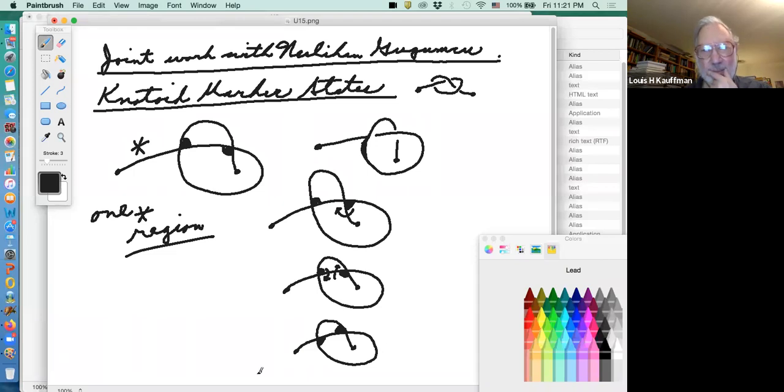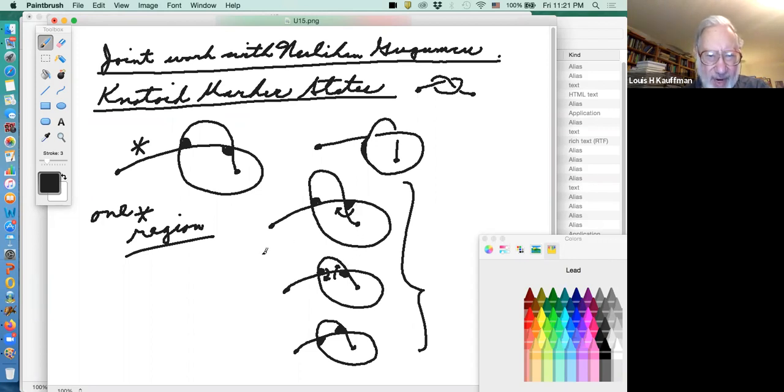You see? So there is our counterclocked, our clock state. Let me see. Yeah, that's a clockwise turn. So this is the clock state. This is the counterclock state.